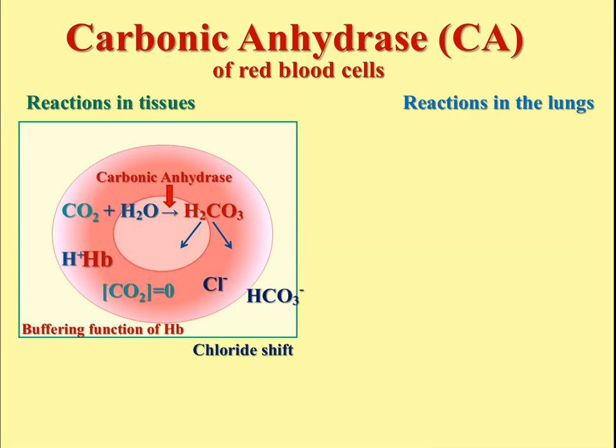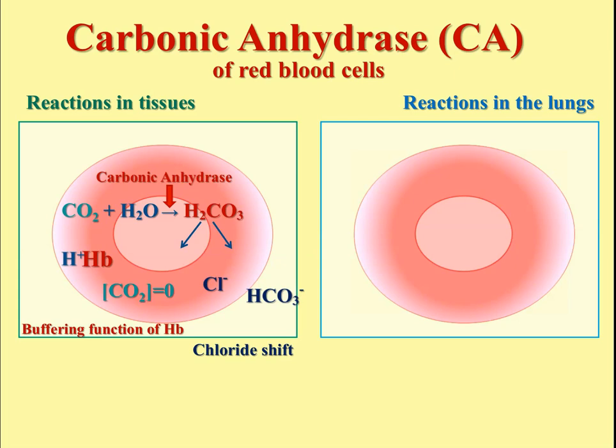Reactions in the lungs are opposite. When red cells with blood enter the pulmonary capillaries, here we have hemoglobin in its H plus bound state. Then we have carbonic anhydrase as usual, and we have HCO3 minus ion transported in blood plasma. And now again we have opposite movement.